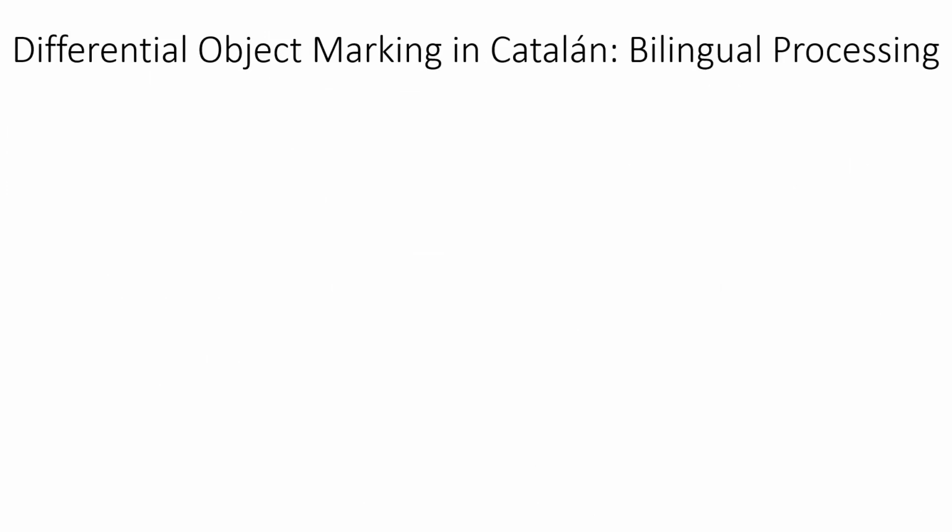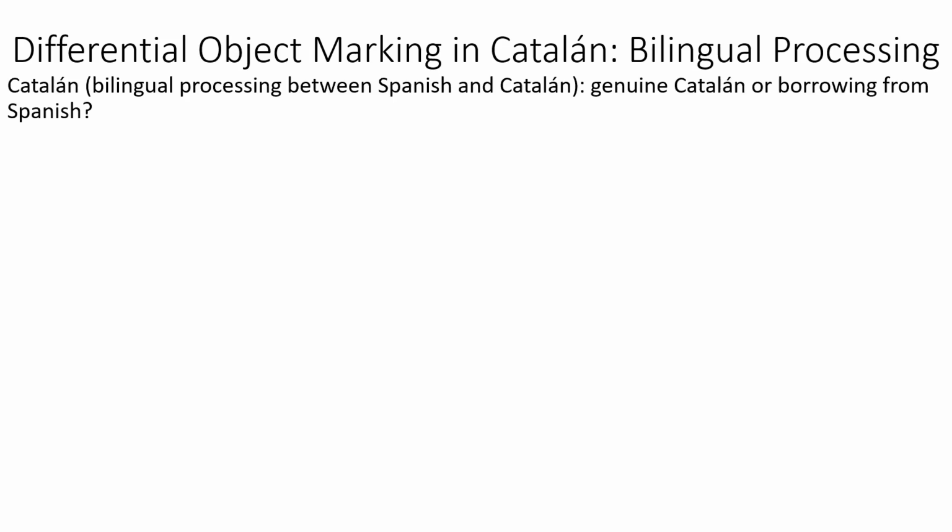And modern Catalan speakers are probably the perfect bilinguals. They speak Spanish and Catalan equally. Now, this gives rise to many questions about DOM and also many other morphosyntactic features in Catalan. Whenever we find a common feature between Spanish and Catalan, we can always ask, is it a genuine Catalan feature or is it borrowing from Spanish?